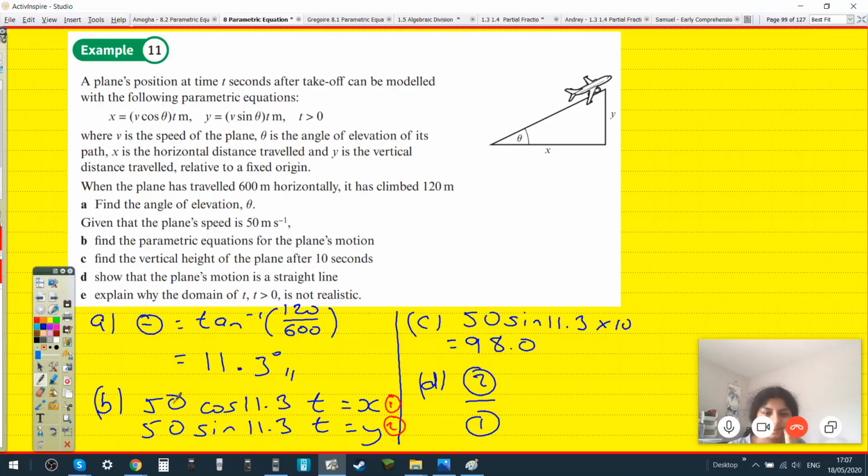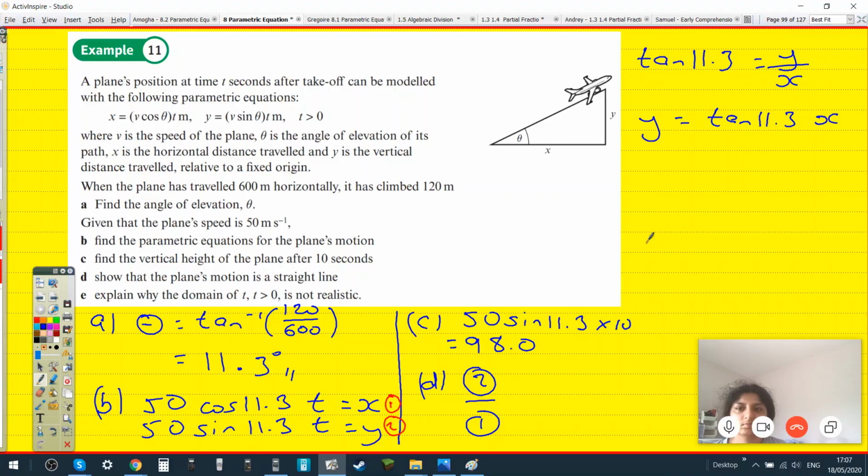So 50 divided by 50 is 1. Sine divided by cos is tan 11.3. t divided by t, and then you have y over x. And so y equals tan 11.3 x. How does that show it's a straight line?